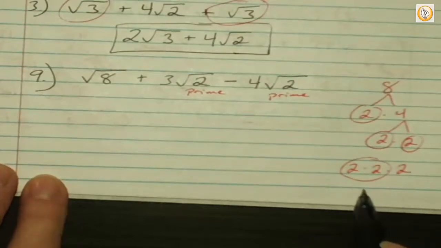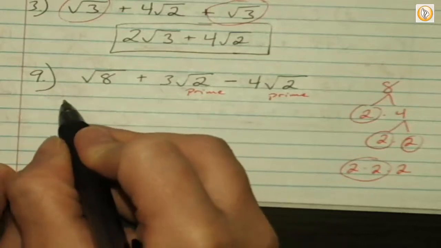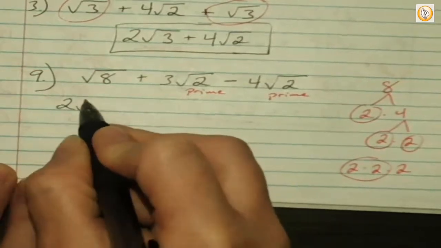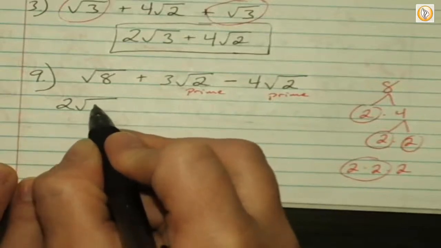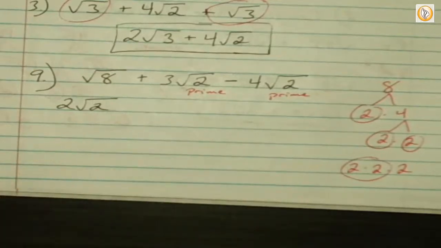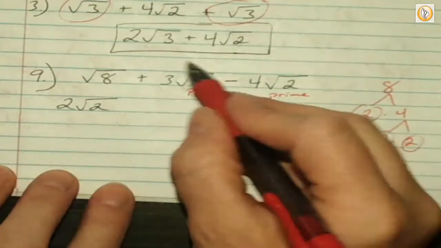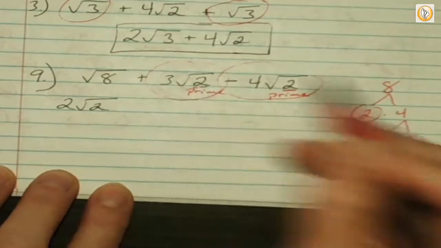So how do I rewrite this? Put the 2 there, and then the radical sign, and then 2. Okay, now what can I combine? The both numbers, these right here, because they have 2.